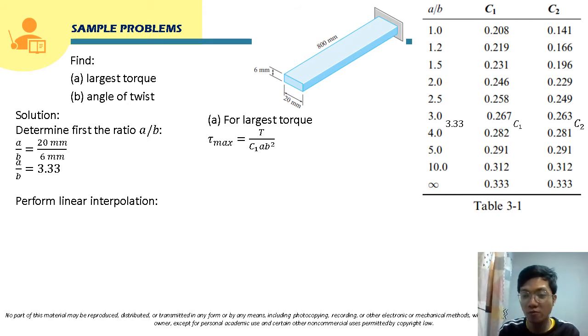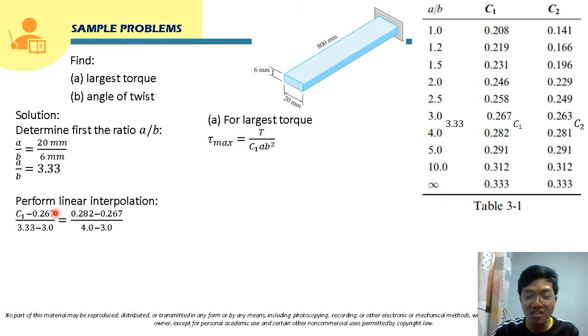We are going to perform linear interpolation. If we graph the values in this table, the graph is a straight line, so we will perform linear interpolation. Performing linear interpolation, that will be this value minus this value over this value minus this value, equal to this value minus this value over this value minus this value.